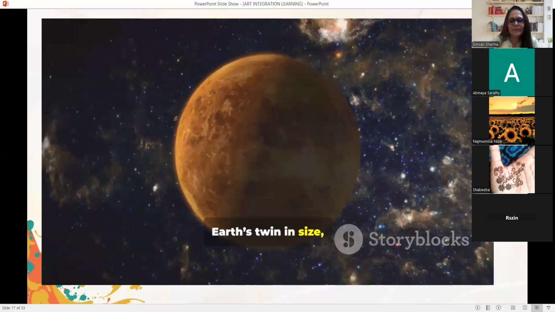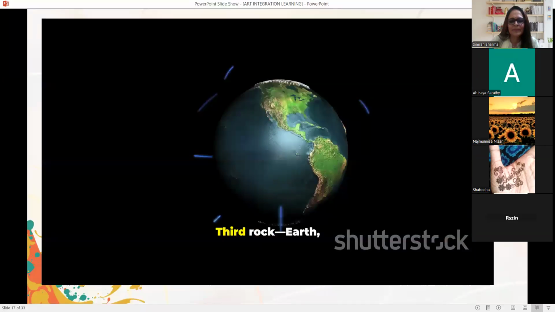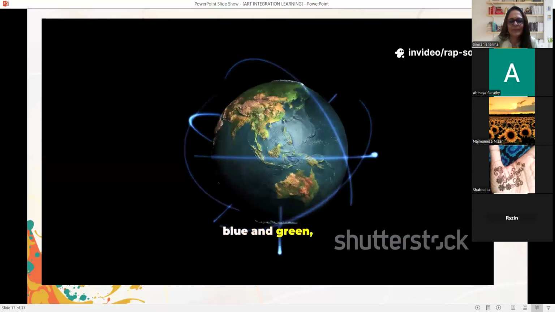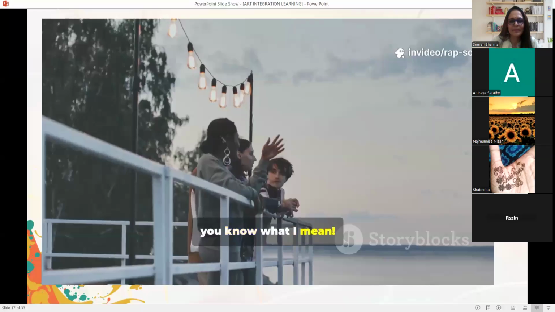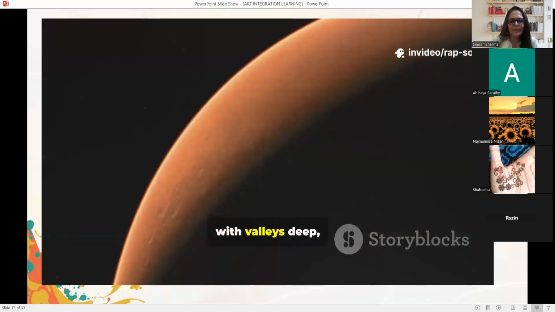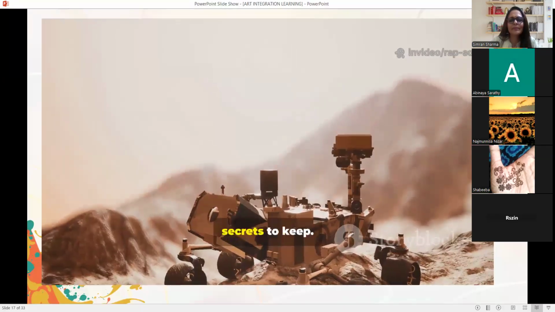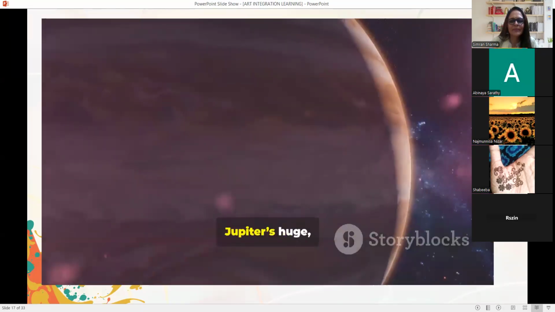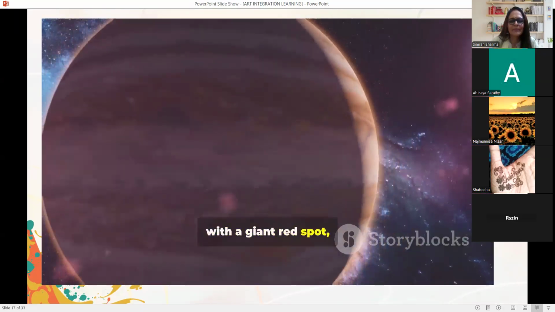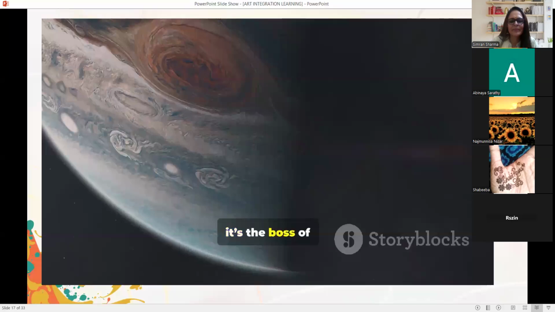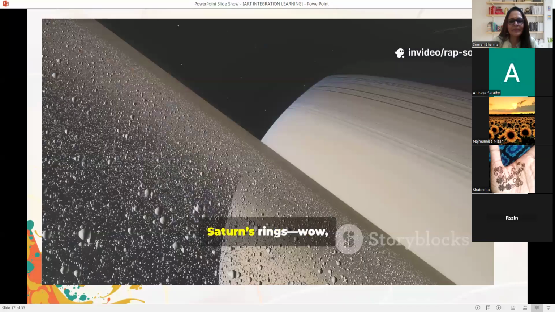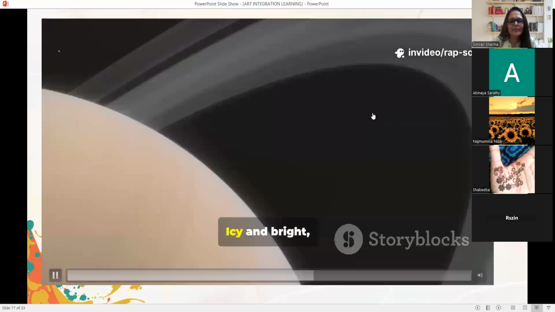Earth's twin in size, but it's nothing like you. Third rock, Earth, blue and green, home to us all, you know what I mean? Mars is red with valleys deep, robots rolling, secrets to keep. Jupiter's huge with a giant red spot. Storms are raging, it's the boss of the lot. Saturn's rings, wow, what a show, icy and bright, spinning in a row.